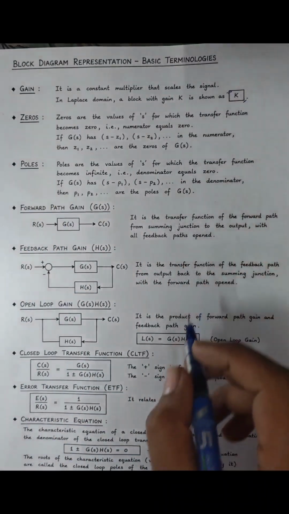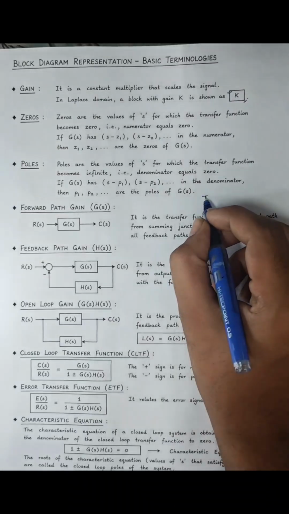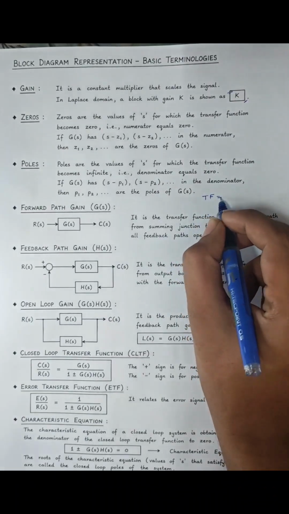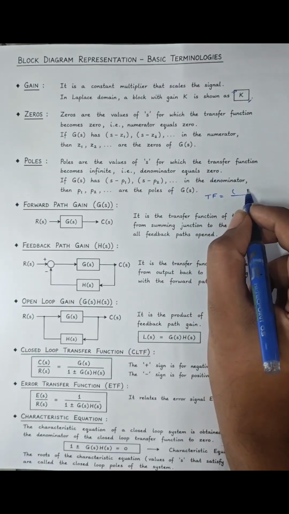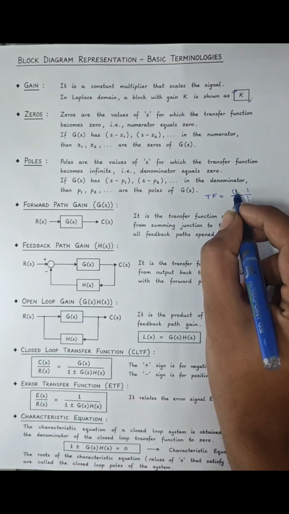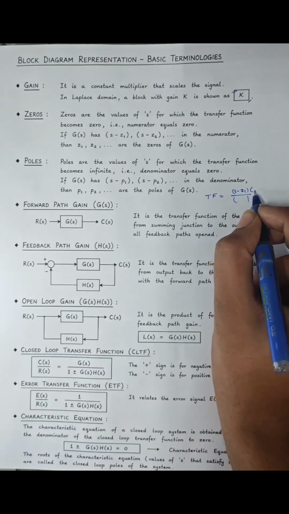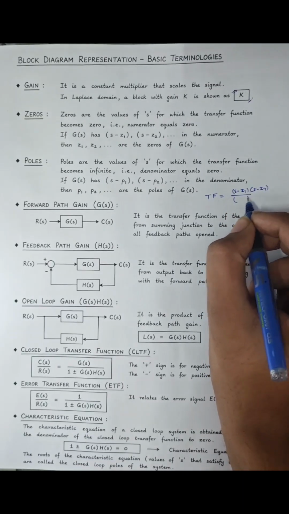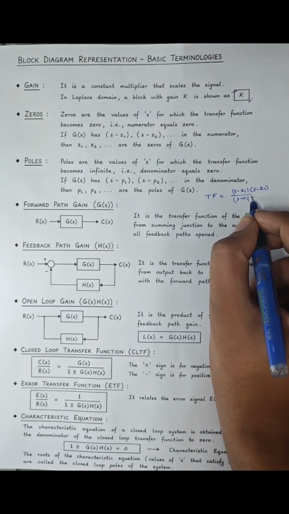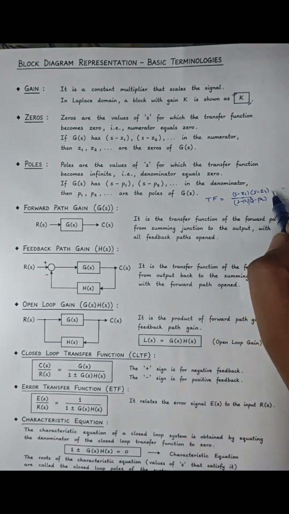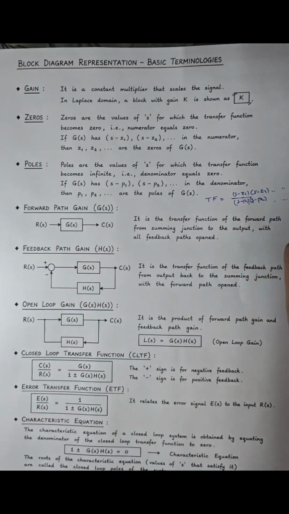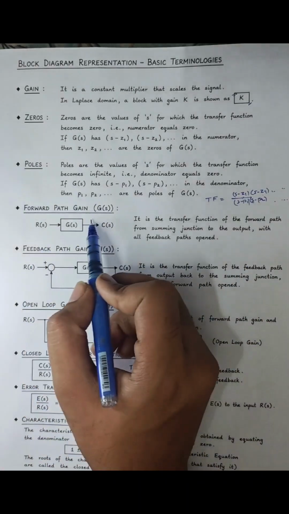Zeros: if we have some transfer function written in terms of a fraction, with factors s minus z1, s minus z2 in the numerator and s minus p1, s minus p2 in the denominator, then z1, z2, z3, z4 will give us the zeros, and p1, p2, p3, p4 will give us the poles.